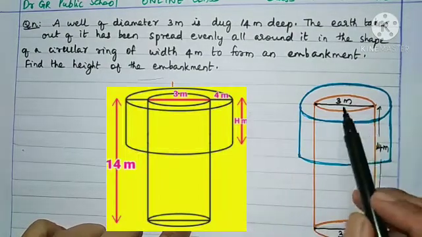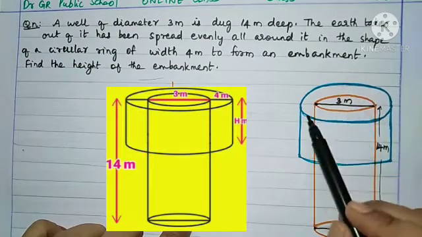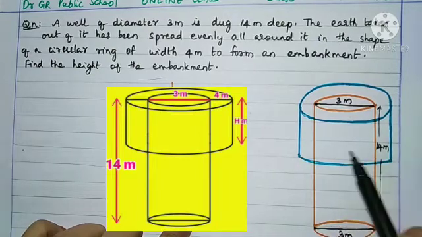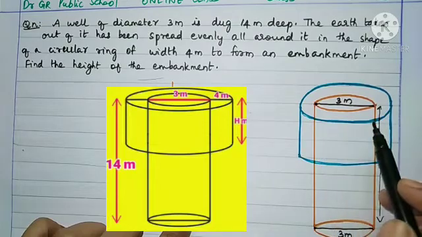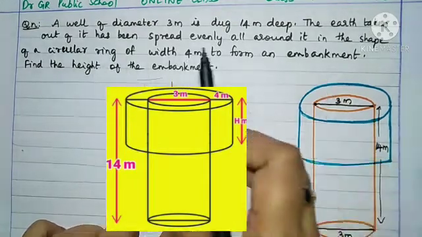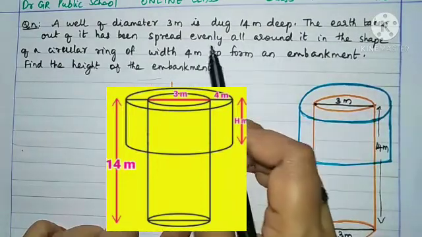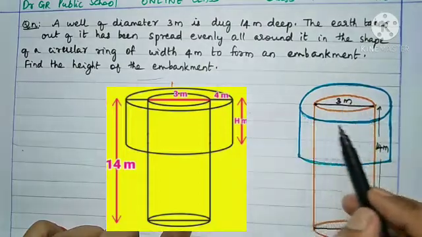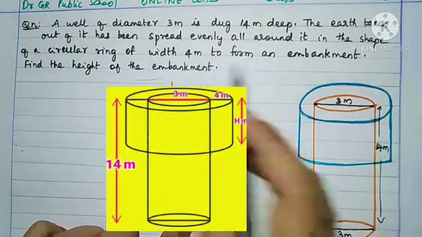The embankment surrounds it, a circular ring formation like this, and it is also of cylindrical shape. And what is given about the embankment? The earth taken out of it has been spread evenly all around it in the shape of a circular ring of width 4 meters.